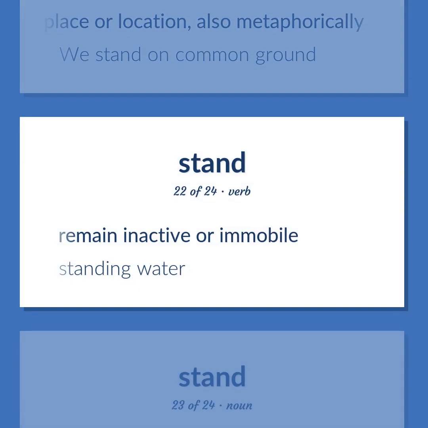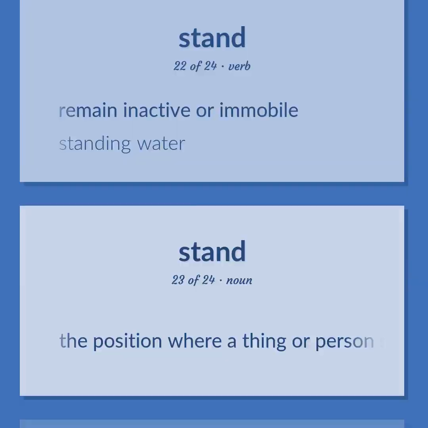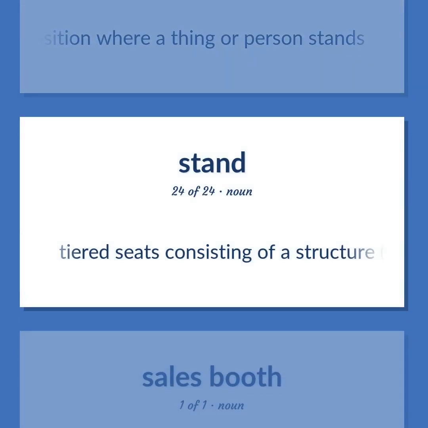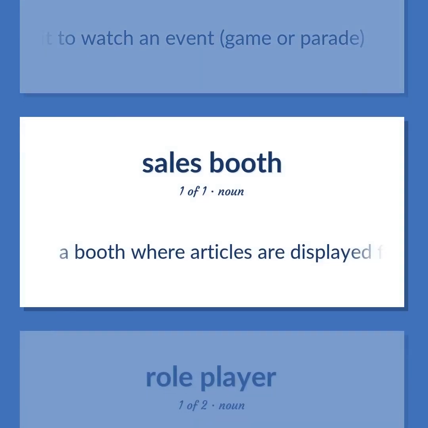Remain inactive or immobile. Standing water. The position where a thing or person stands. Tiered seats consisting of a structure, often made of wood, where people can sit to watch an event, game or parade. A booth where articles are displayed for sale.